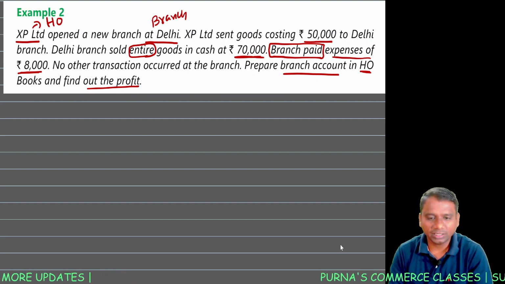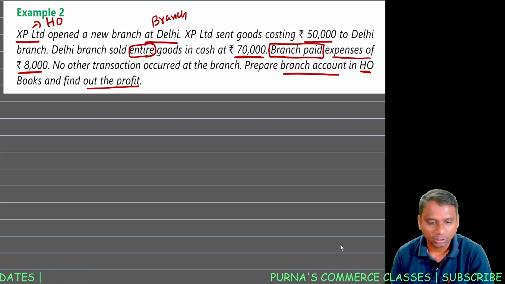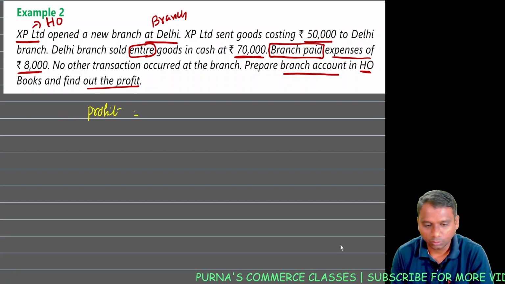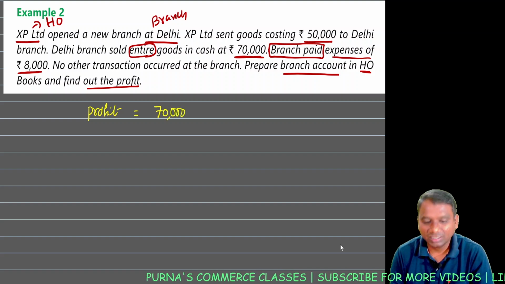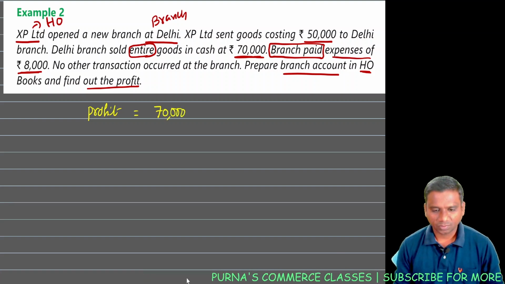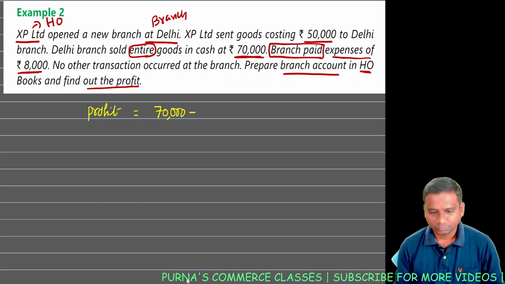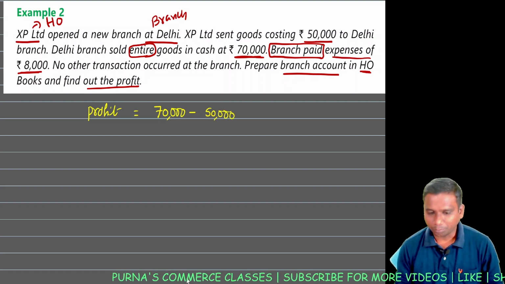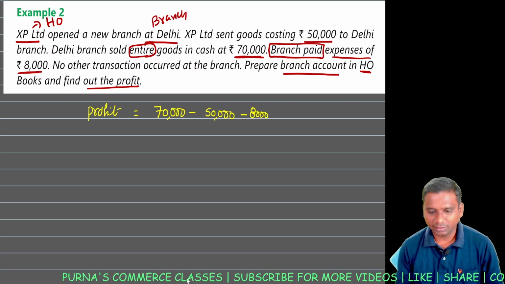Here, without preparing account, is it possible to calculate profit? Yes. Why not? Look at it. Net profit is equal to total goods sold for 70,000 minus the cost of goods sent, 50,000, minus expenses incurred by branch, 8,000.